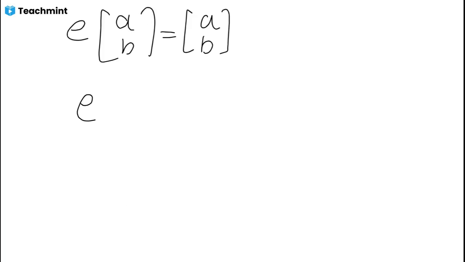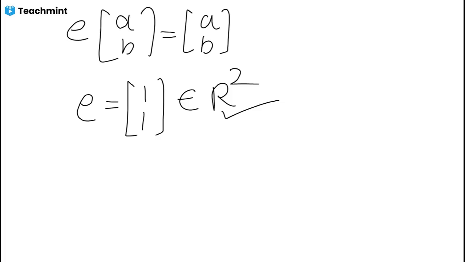then E is equal to having elements 1 and 5, because we'll cancel them, then obviously we'll get it in the component form. Okay, and this must belong to R2, because R2 has all the vectors in this form, having two components.